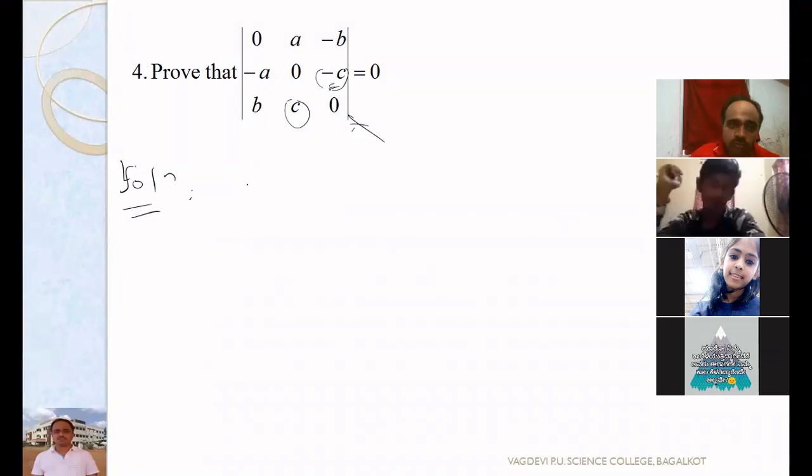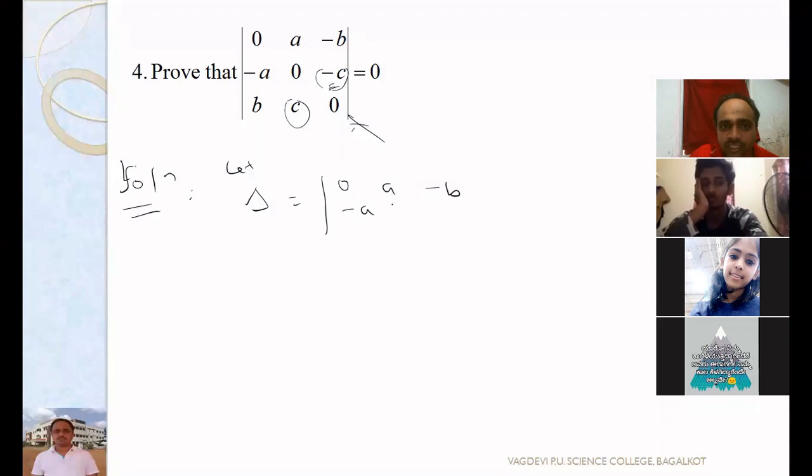I will do it like this. I will take the given determinant, and I will take some symbol, delta. Let delta be equal to the given determinant: 0, A, minus B; minus A, 0, minus C; B, C, 0.